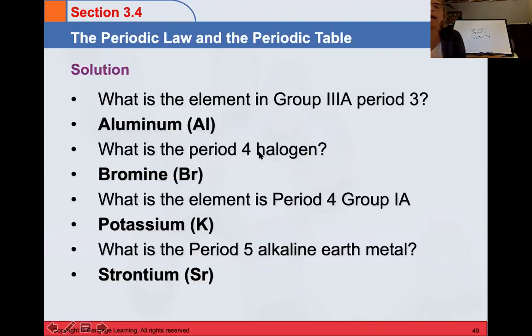The period 4 halogen would be bromine. Period 4 group 1A would be potassium. And period 5 alkaline earth metal, that's group 2A, would be strontium.